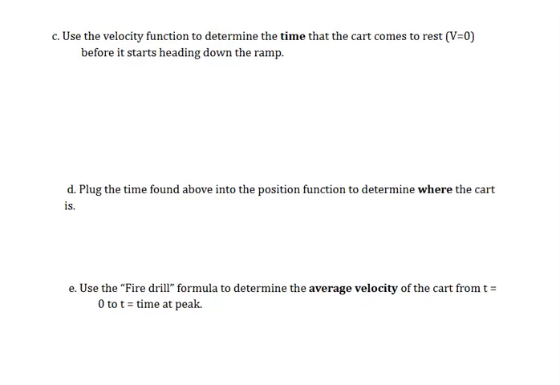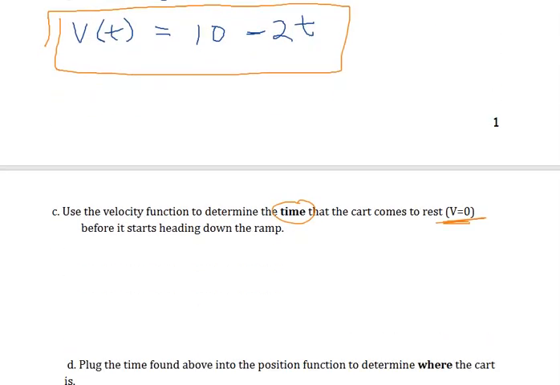Use the velocity function to find the time that the cart comes to rest. So we want the output of the function to be 0. So the final answer is 0 equals 10 minus 2t. We're going to solve that for t.